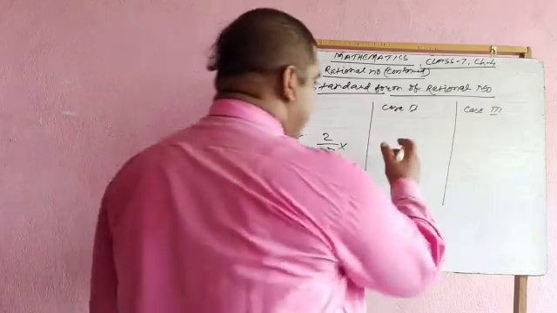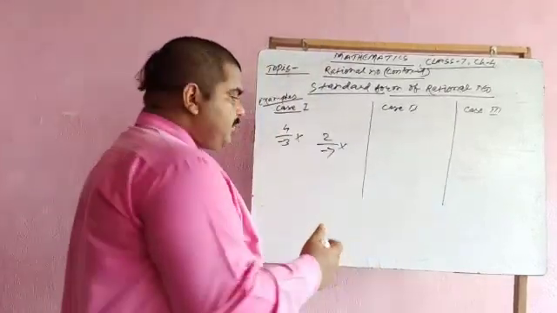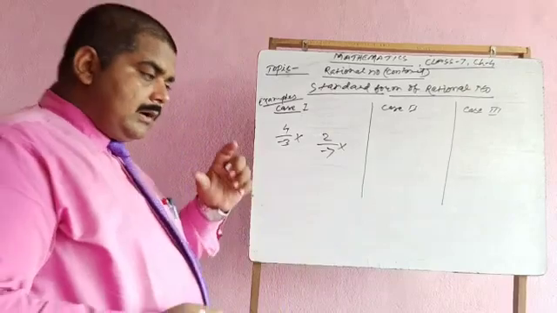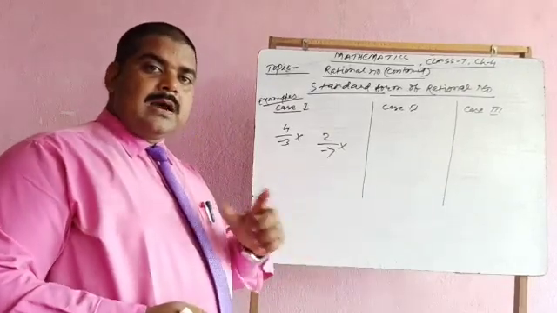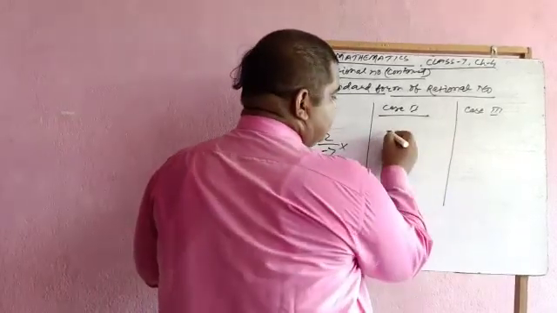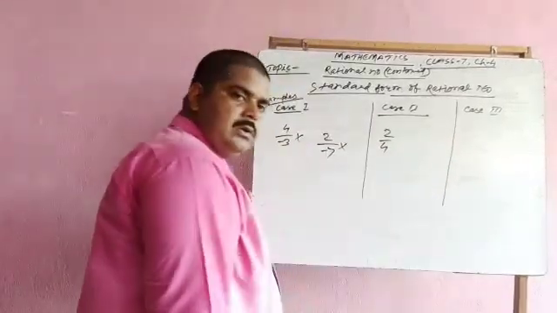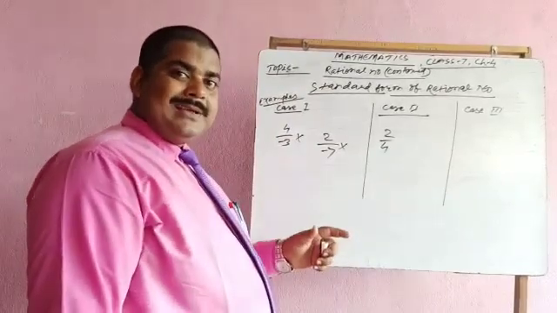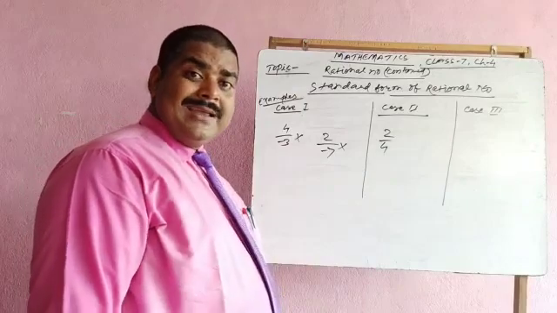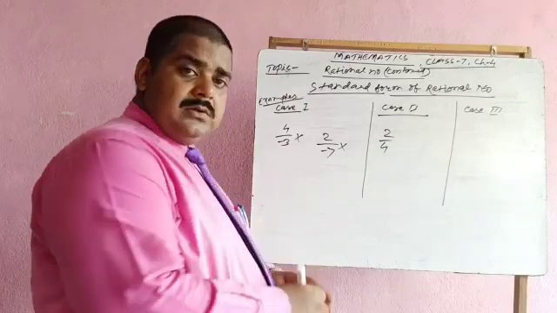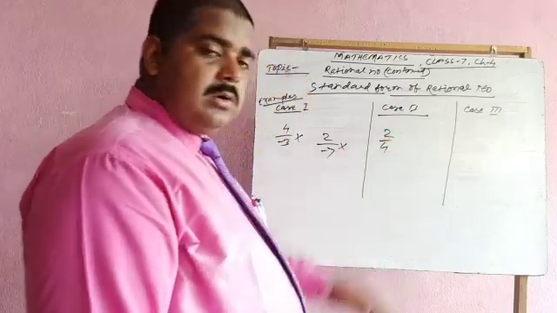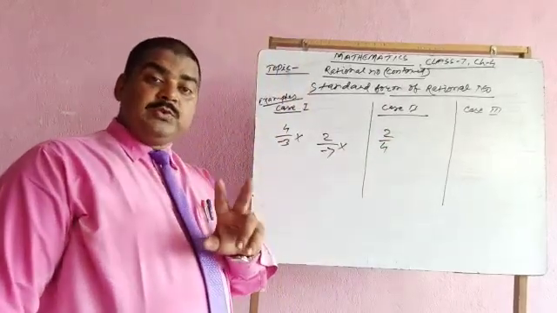Second, the numerator and denominator cannot have a common factor other than 1. For example, 2 upon 4 has a common factor other than 1, because when you find the HCF of 2 and 4, it is 2.